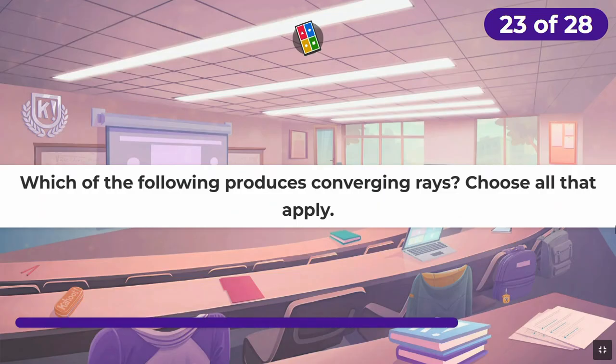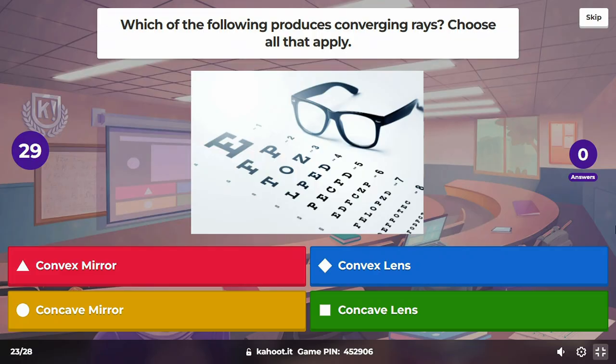Which of the following lenses and mirrors produce converging light rays?